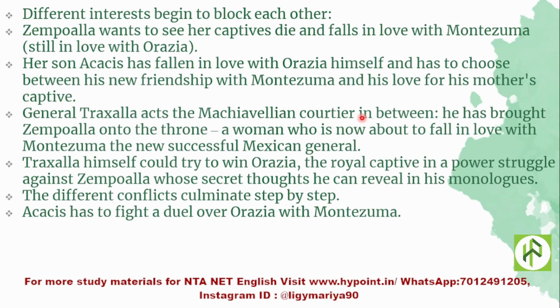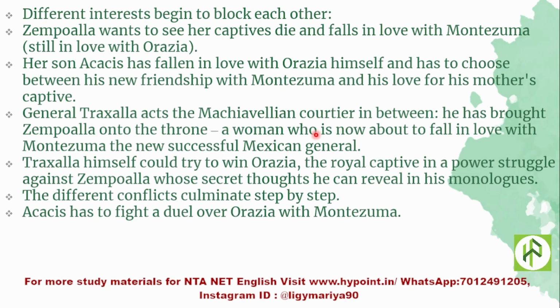Such a character is General Traxala, and he has brought Zempolla onto the throne, a woman who is now about to fall in love with Montesma, the new successful Mexican general. So Traxala is the one who brought Zempolla to the throne, and Zempolla is now falling in love with Montesma.